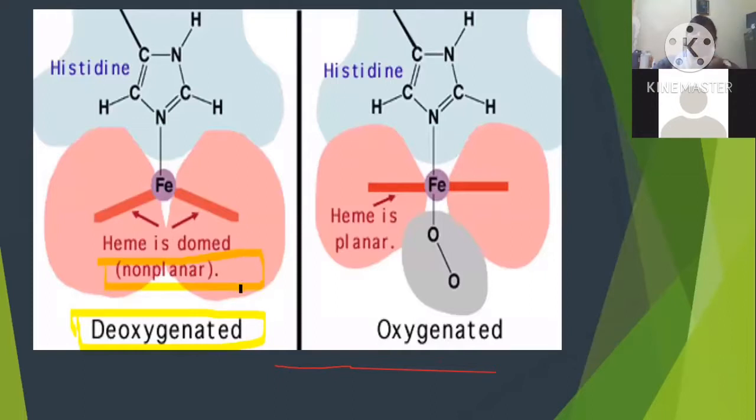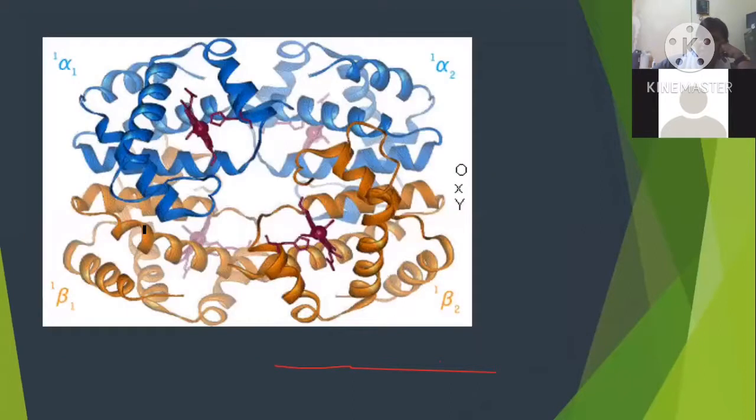That is why it is a tense state. Whereas as soon as the oxygen binds to it, it becomes planar. Before that, it was domed. And in this planar state, we call it a relaxed state. So the oxygenation makes the hemoglobin relaxed, whereas deoxyhemoglobin remains in the tense or T state.